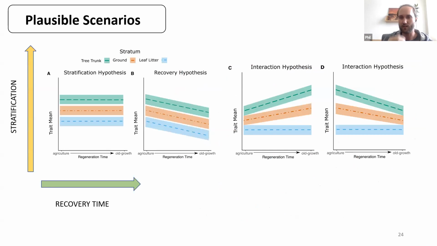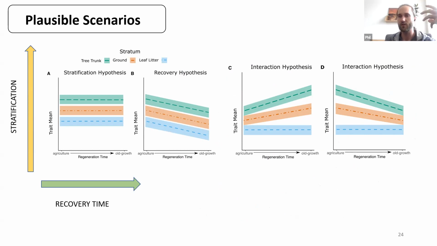And so I want to know, if I look, for example, at a single trait mean from a functional trait, how it reacts to both recovery and stratification.